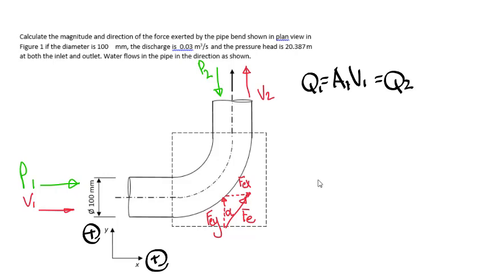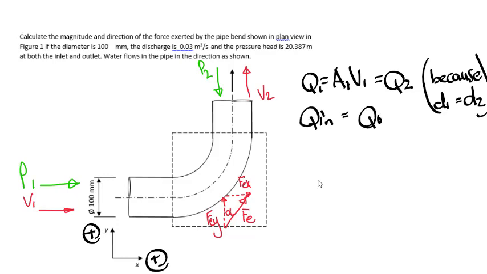Why? Because D1 is equal to D2. Okay, that's why. And because of the conservation of mass, where we say Q in is equal to Q out.